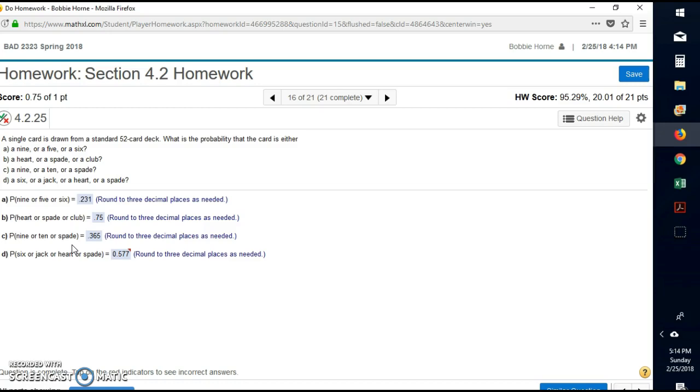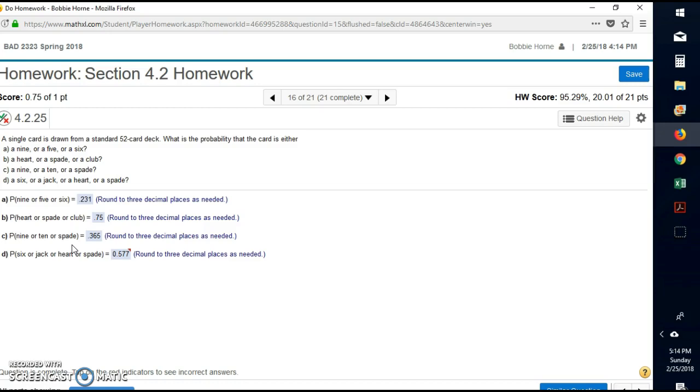We don't want a 9 and a spade at the same time. We want or. So the way I would do it is we're not going to say 13 out of 52 spades because we've already counted the 9 and we've already counted the 10. If you wanted to put 13 out of 52, 1/4, you could, and then subtract out the 2, the 9 of spades and 10 of spades.